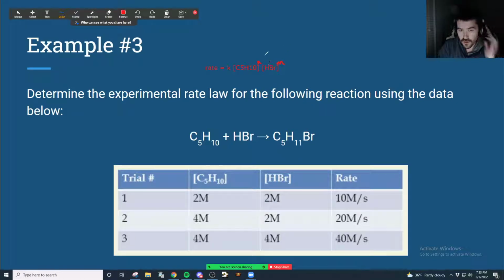So we're trying to figure out what N and M are, and we're actually going to go one step further. We're going to see if we can figure out what K is as well.